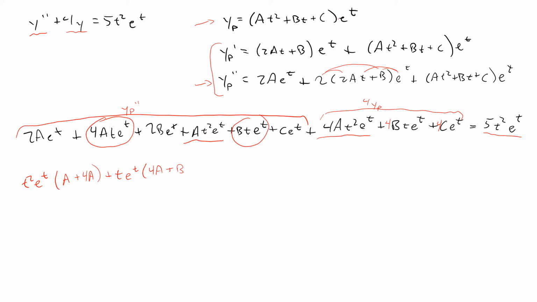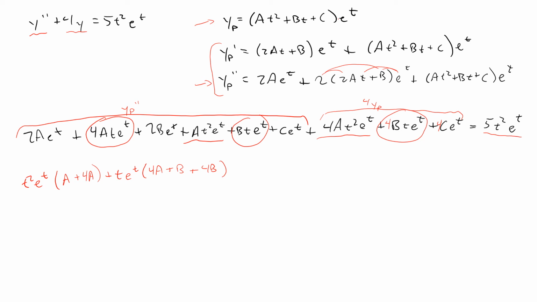And anywhere else? Let's see, I see another one here. That has a 4b attached to it. Okay, and then I believe that catches all of them. Alright, so t e to the t times 4a plus b plus 4b, and again, this b plus 4b, we'll simplify it, we'll rewrite it as 5b.